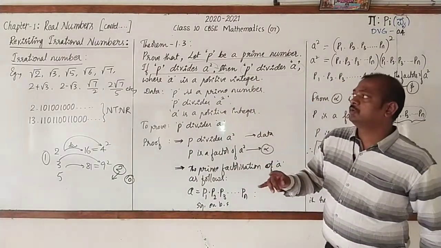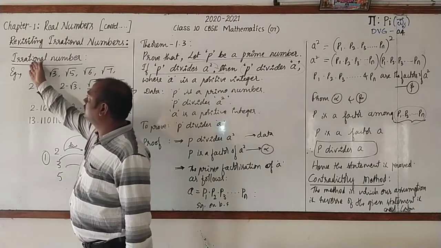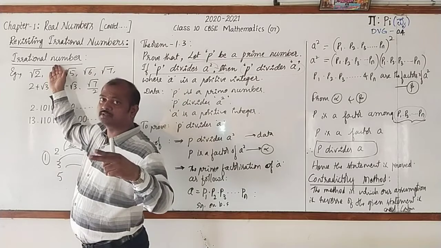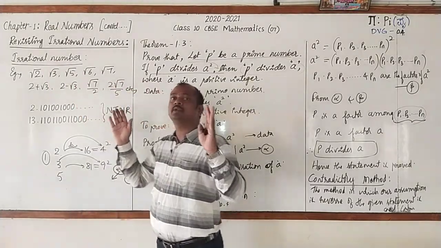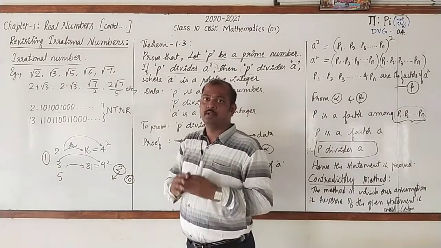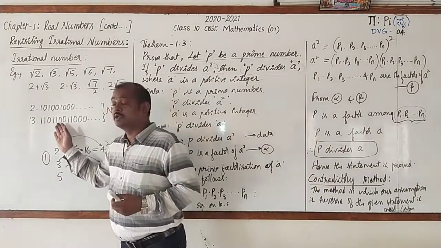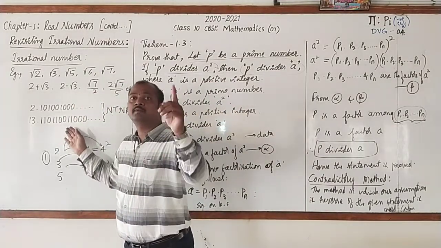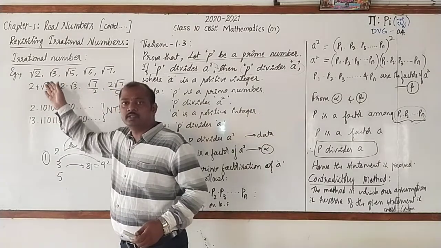So now you have to copy from here, revisiting irrational numbers. Then the irrational number definition I have already given in two ways. A number which cannot be expressed in the form of p by q, where p and q are integers and q is not equal to 0. That definition. In terms of decimal, a number whose decimal expansion is non-terminating, non-recurring is called an irrational number. After writing the definition, you take these examples.